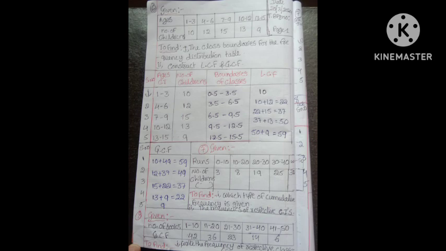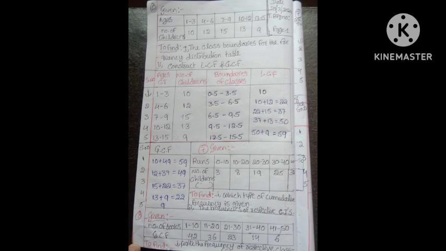First, the lower boundary is reduced by 0.5 and the upper boundary is increased by 0.5.